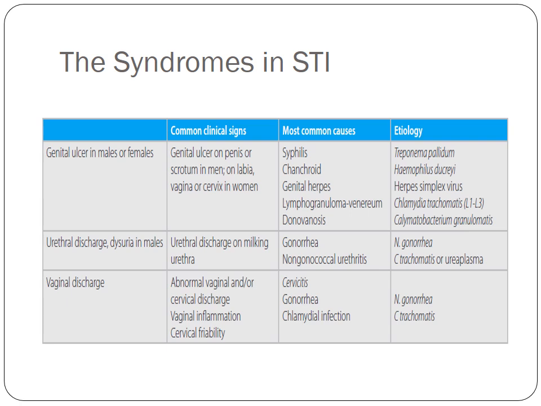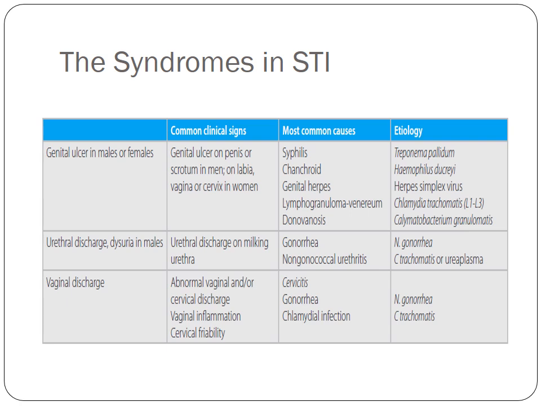For this kind of clinical sign, the most common causes can be syphilis, chancroid, genital herpes, LGV, or donovanosis. The etiological agents can be Treponema pallidum, Haemophilus ducreyi, herpes simplex, chlamydia agents, or Calymmatobacterium granulomatis.